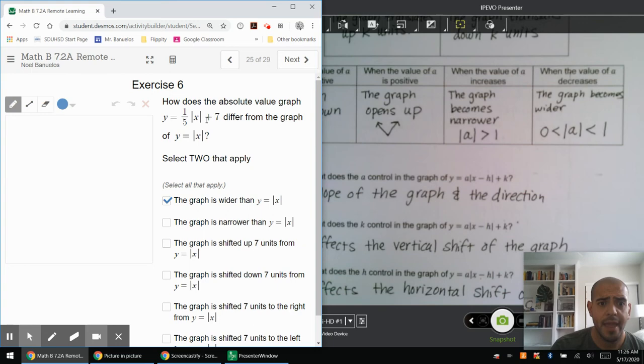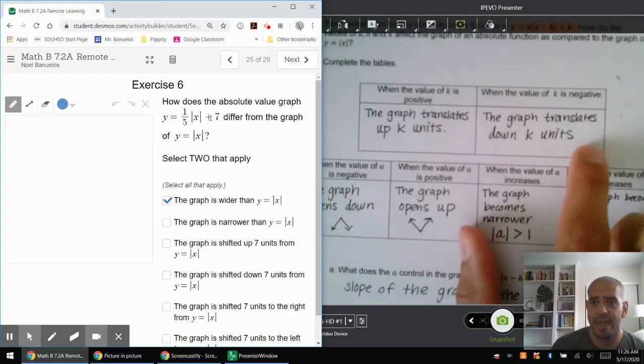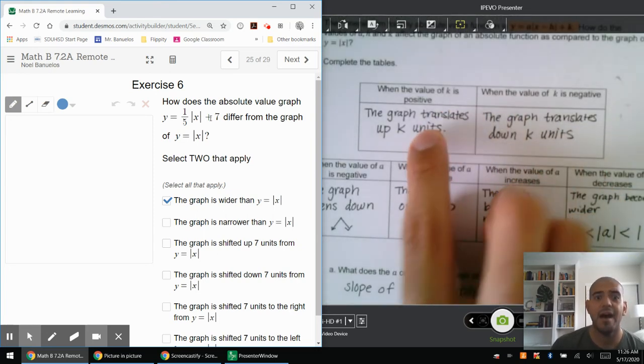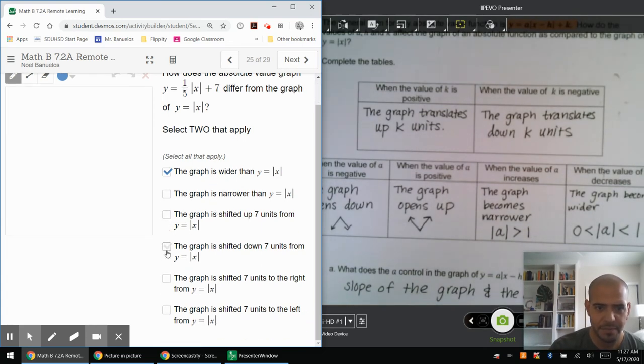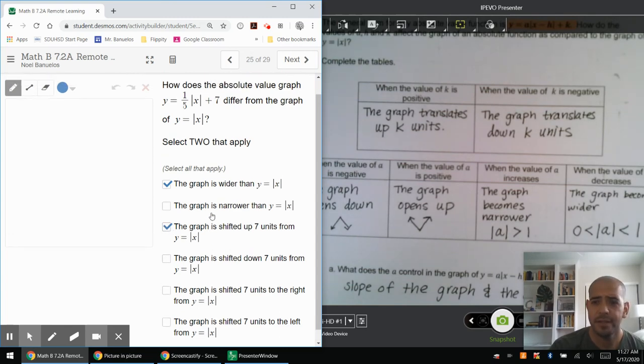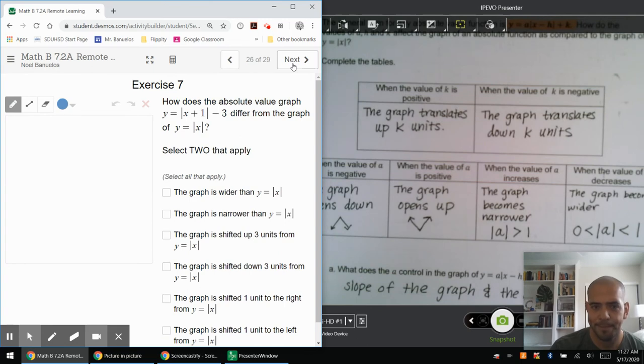Next, I'm adding 7, but this is on the outside of your absolute value function, so that's the k value. When k is positive, it translates up 7 units. Shifted up. See how that works? You got to pay attention to whether it's a, h, or k that is being changed, okay?